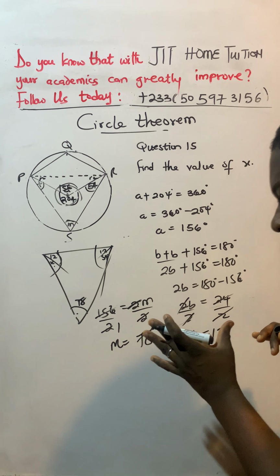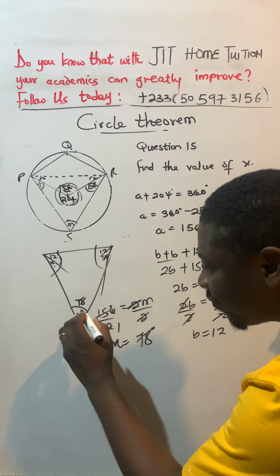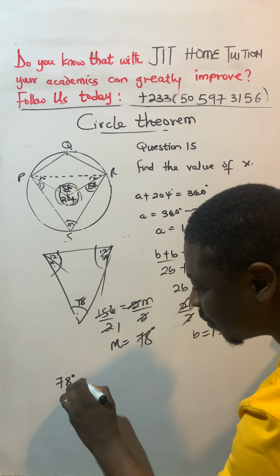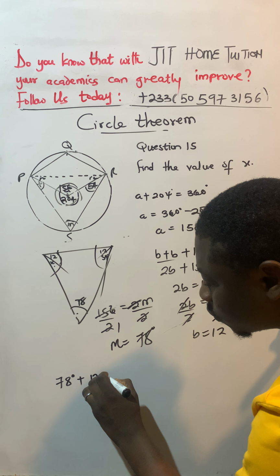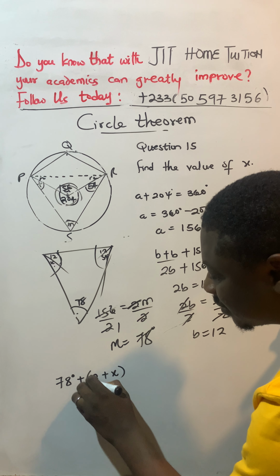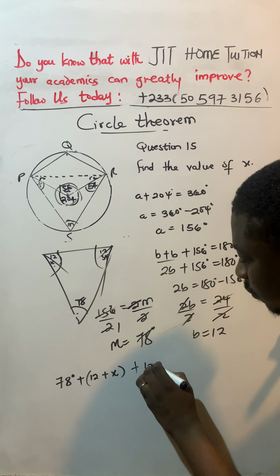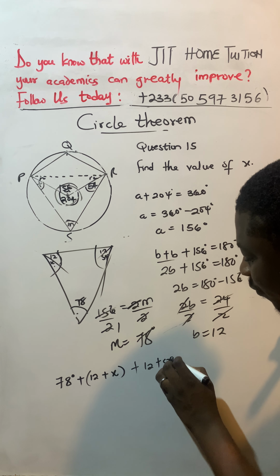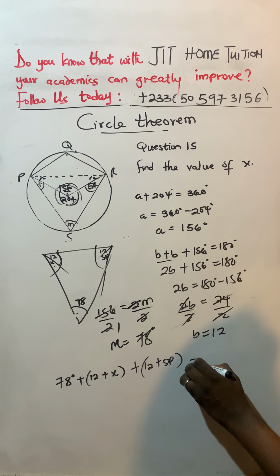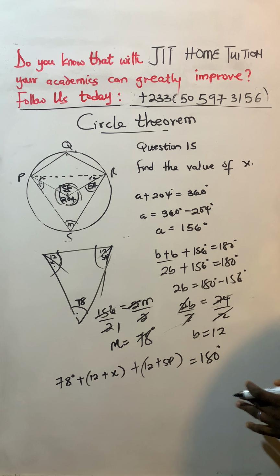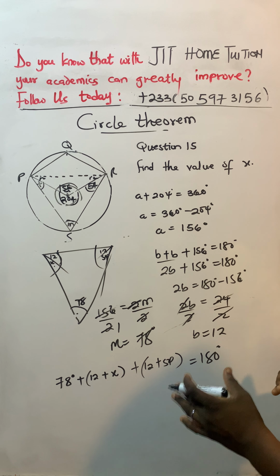So having gotten the 78, you now have this side, and you put the whole thing as 78 plus 12 plus the x, that is this side, plus 12 plus the 54, all equal to 180 degrees. That is the sum of angles in a triangle.